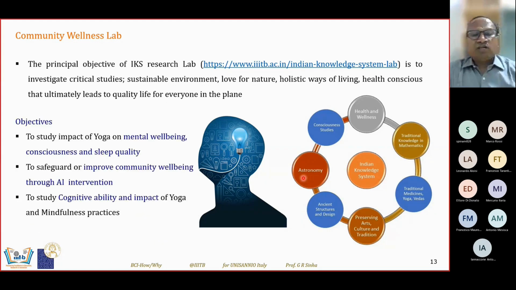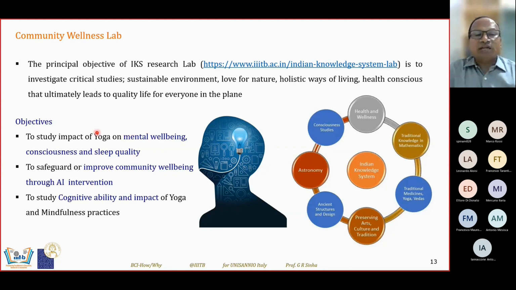That's the idea. So what are the objectives of this work? To study the impact of yoga. These days yoga is very popular all across the world. I hope you are all aware of yoga. I have a practical data set on yoga, and we are trying to study the impact of yoga on mental well-being, consciousness, and sleep quality. There are persons who are doing yoga and persons who are not, and one specific university has a research lab doing that work.